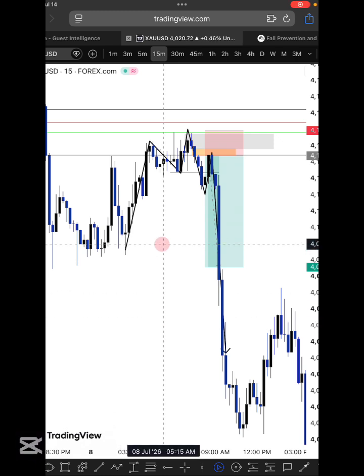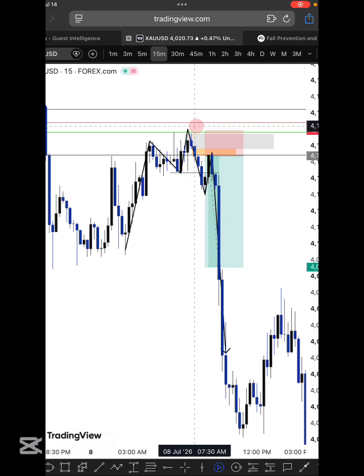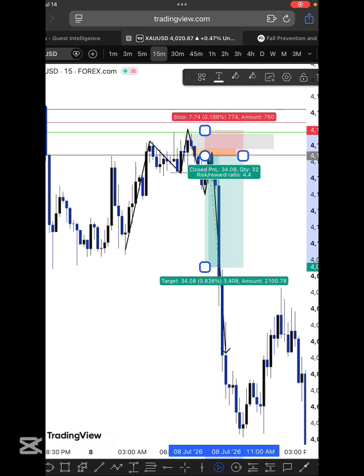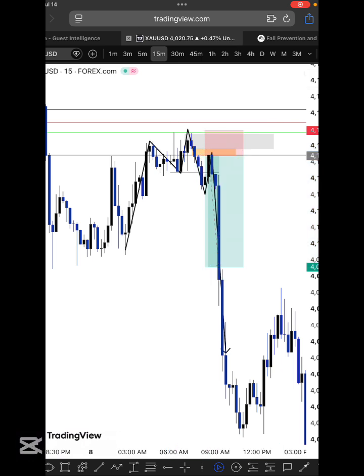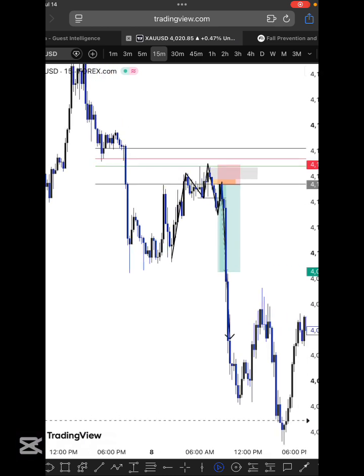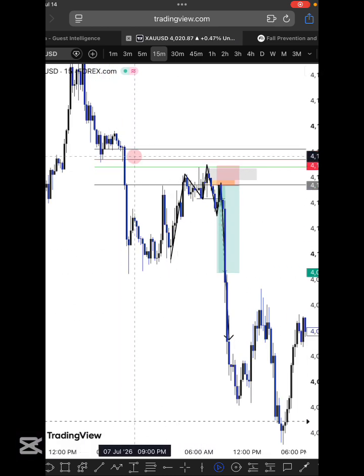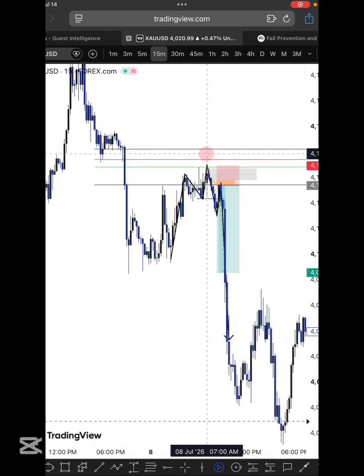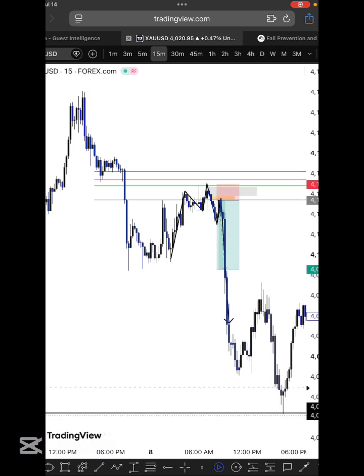First of all, you didn't get into this zone. Secondly, your fair value gap is not a breaker kind of fair value gap. So this is a kind of trade you want to take with low risk, because the possibility is that it's wrong.